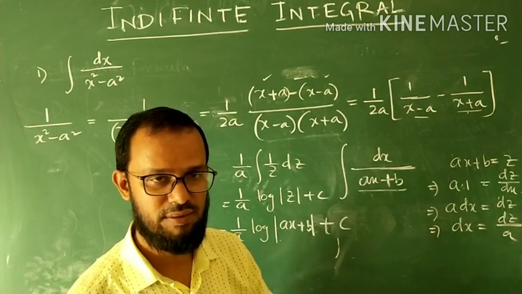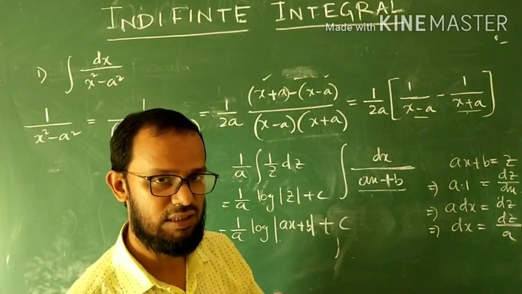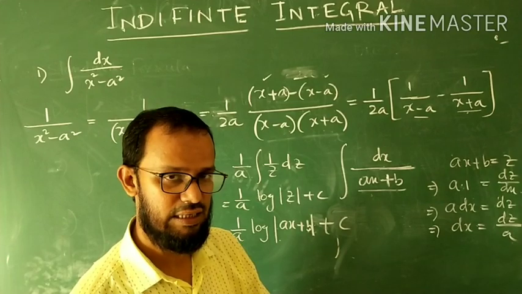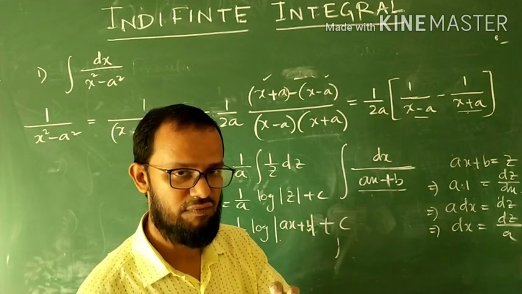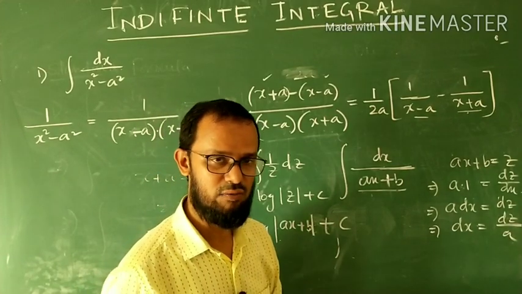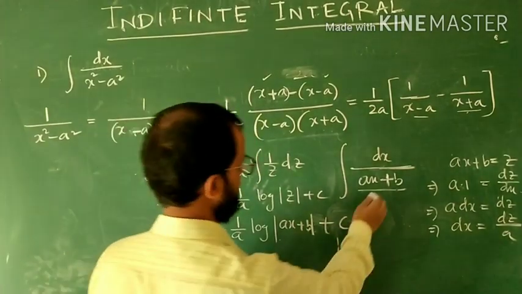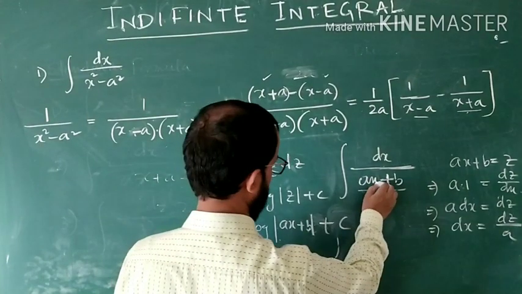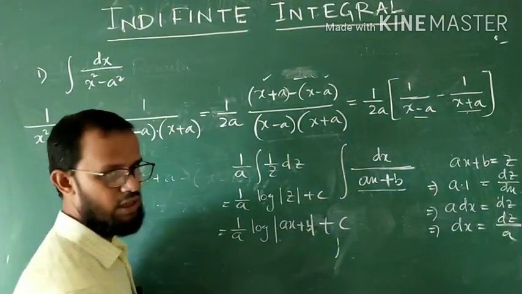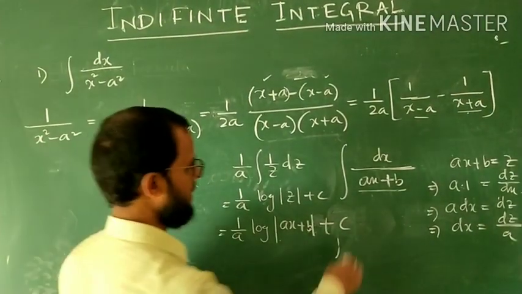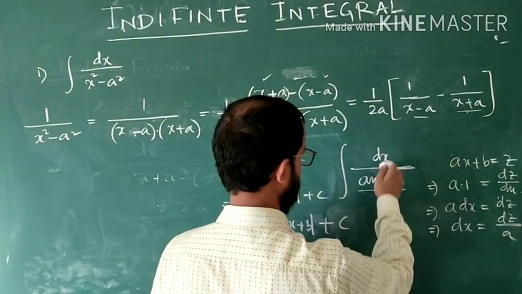There x is replaced by ax plus b, and the coefficient of x, a, will be multiplied by 1 by a. The same pattern is followed here. The coefficient of x is a, which is here multiplied by 1 by a. The formula we are applying is the integration dx by x type.